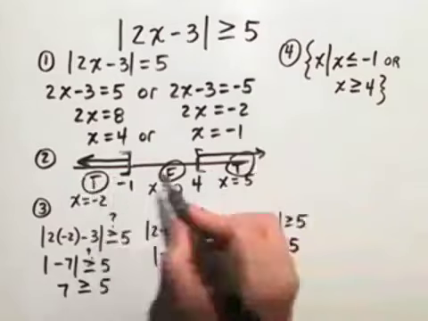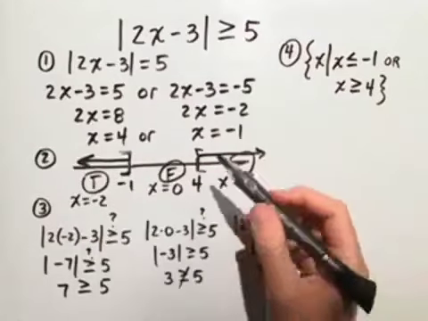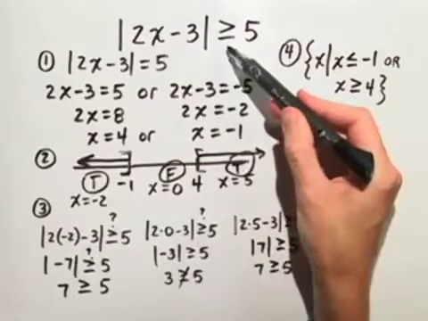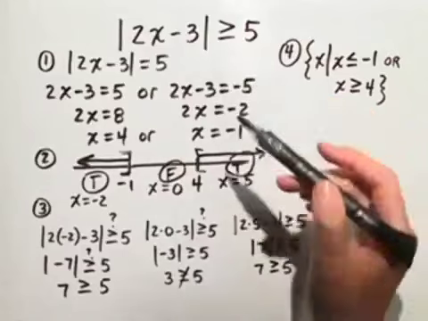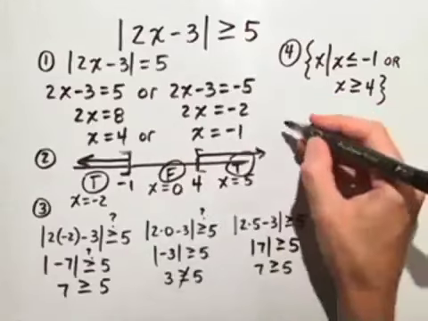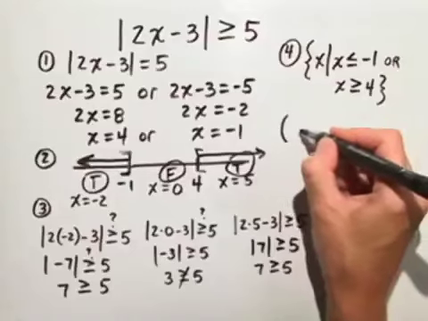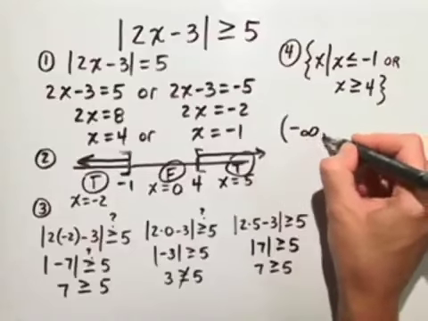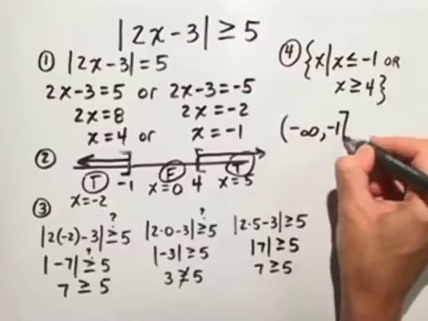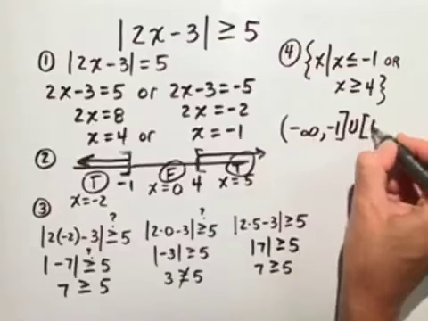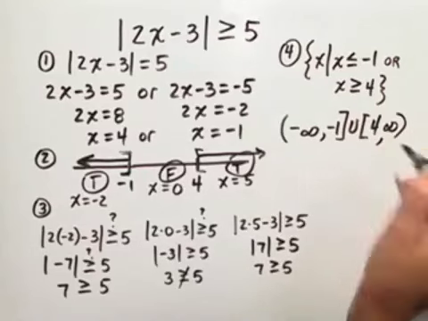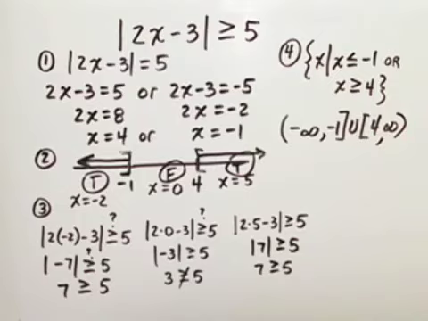We have the union of two different intervals because an absolute value greater than inequality always results in a union. So we have the interval notation from negative infinity up to and including negative 1, union from 4 to positive infinity.